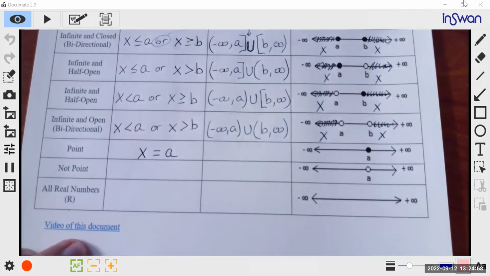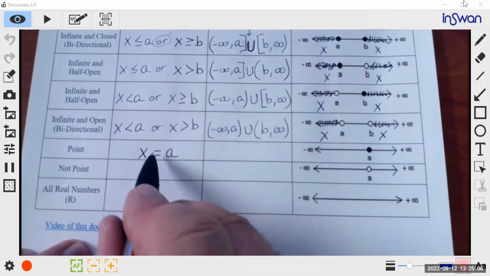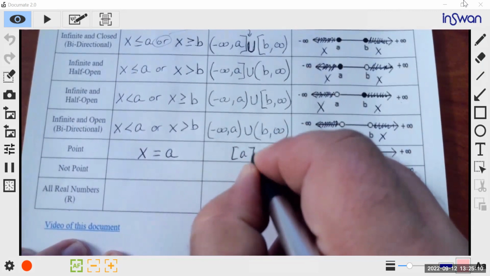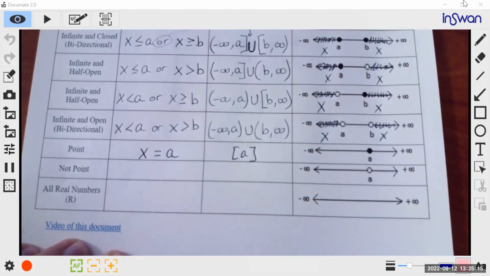Because there's only one dot. That's the entire interval, X equals A. Well, that's set notation. For interval, it would be A. My entire answer is A.